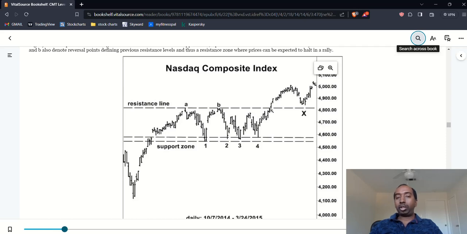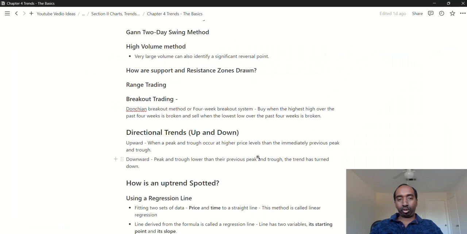It's highly recommended to trade breakouts as per the literature. Similarly, if the support zone is broken and the price travels down, that is also considered breakout trading. It's highly recommended to trade those as per the literature.